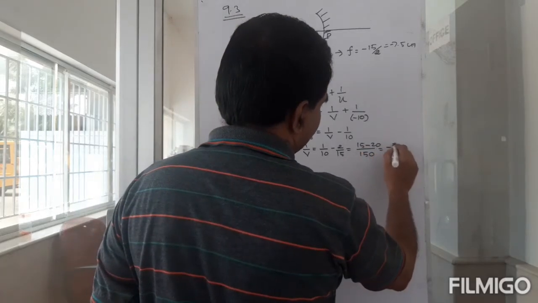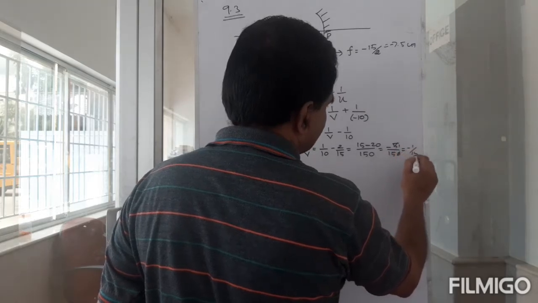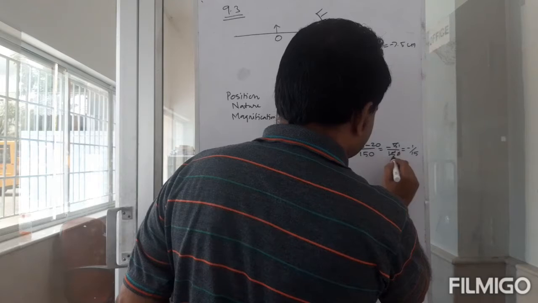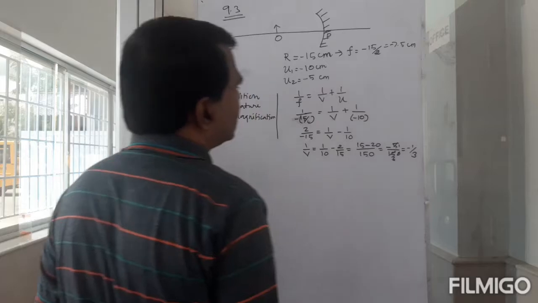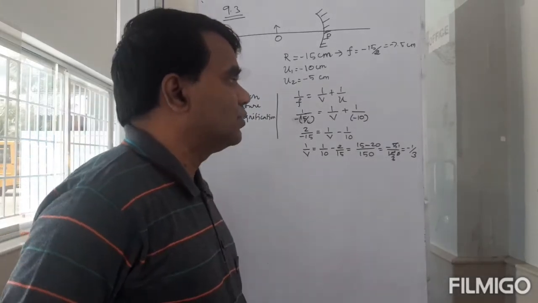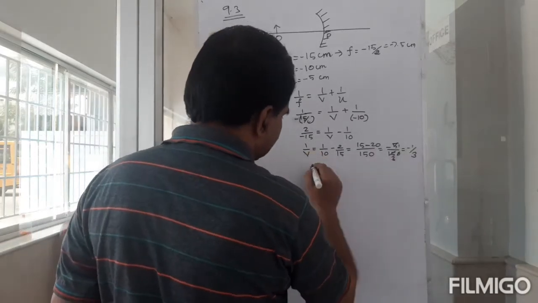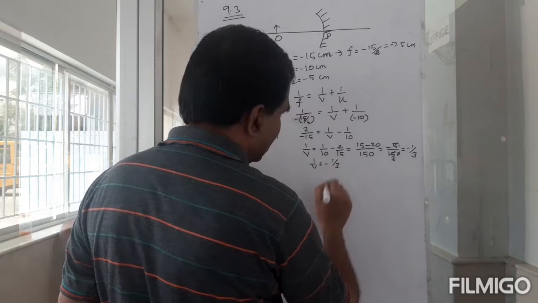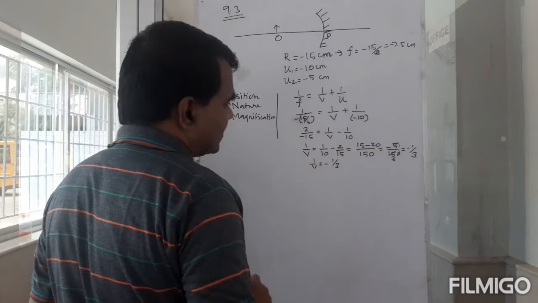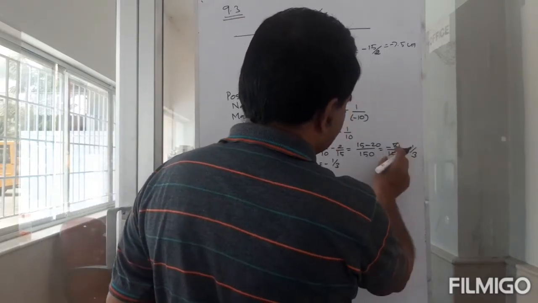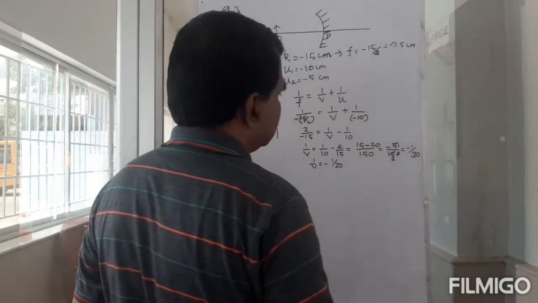So this is going to give me minus 5 by 150, which is minus 1 by 30.